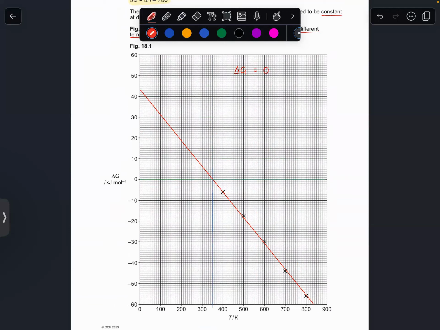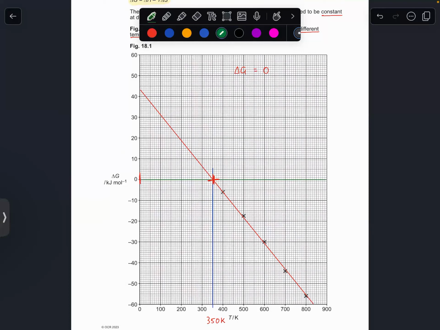It's equal to 0 over here, and the temperature is going to be over here. So we can read that off as 350 Kelvin. This is the minimum temperature at which this reaction is feasible.